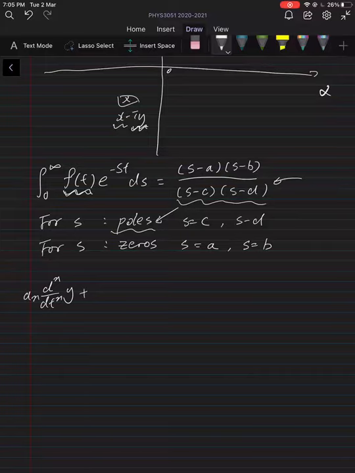So actually, have you learned how to solve the PDE with Laplace transform? ODE, just ODE for now. Right. Okay, I think it's still okay.